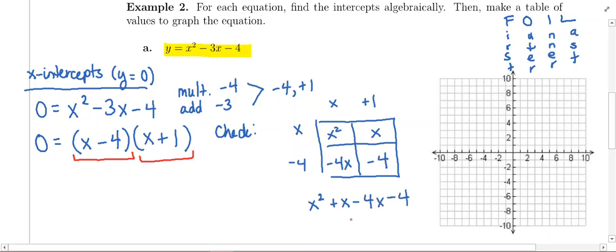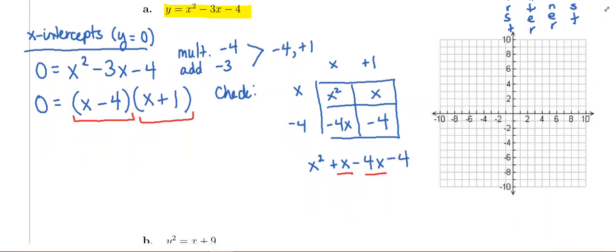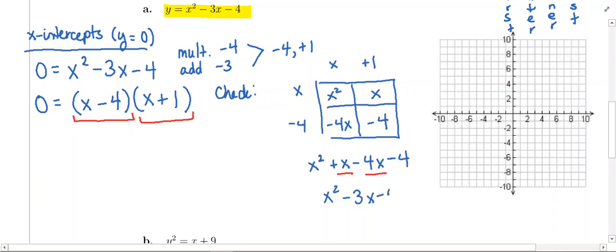These are like terms. Like terms have the same variables raised to the same powers. Both of those have just x to the first power, so you can combine them. The x squared you can't combine with anything else because there's no other x squared term. But x minus 4x is going to be minus 3x, and then you've got the number by itself.